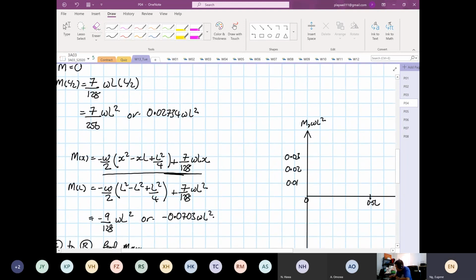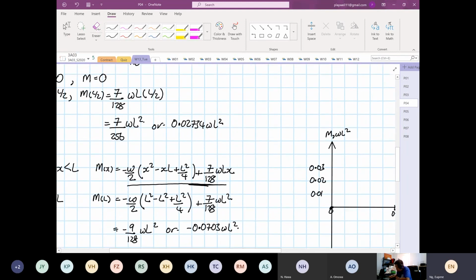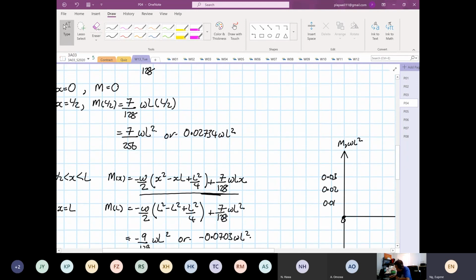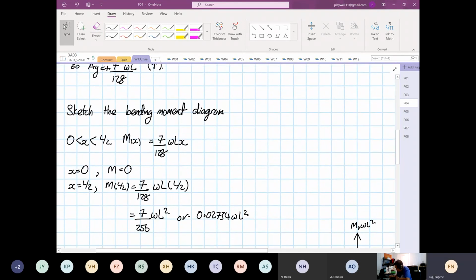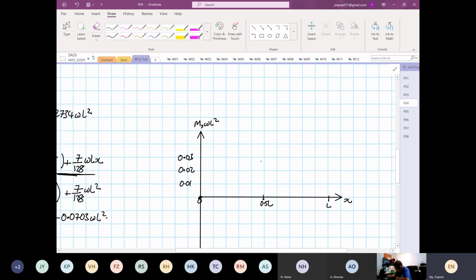So when x is equal to 0, one point is here, and then when x is equal to 0.5 L, we calculated it is equal to what? It is equal to, I know I'm also having a headache, 0.02734, okay? So this point is our 0.02734 point. Am I right? Okay, so it's going to be a straight line.